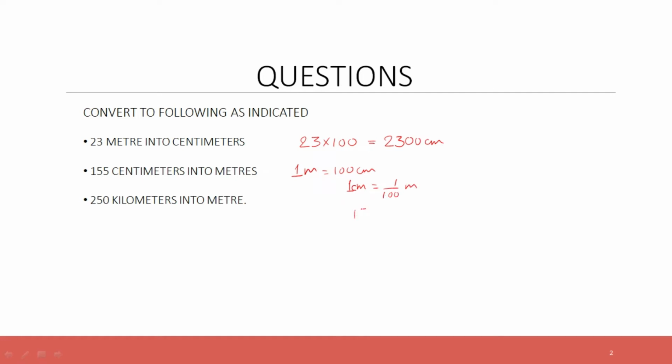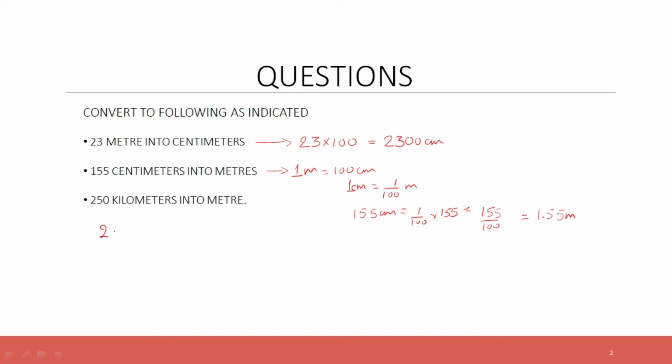We are given 155 centimeters, so it will be 1 by 100 into 155, which is 155 upon 100, or in decimal form you can write 1.55 meters. So 1.55 meters is the answer of the second question.